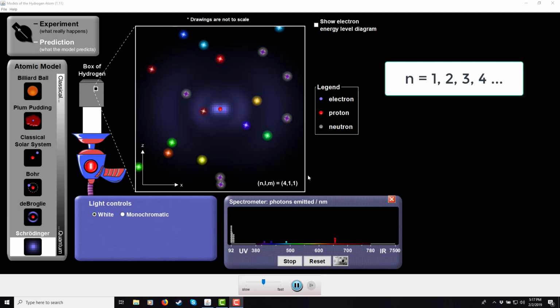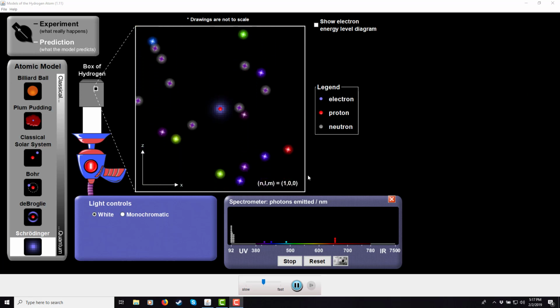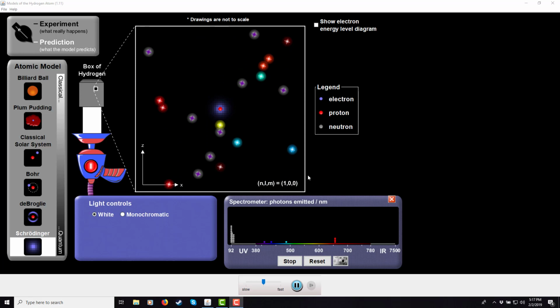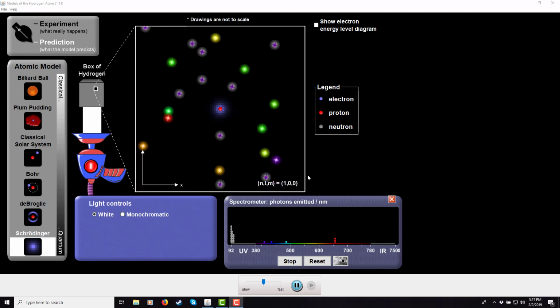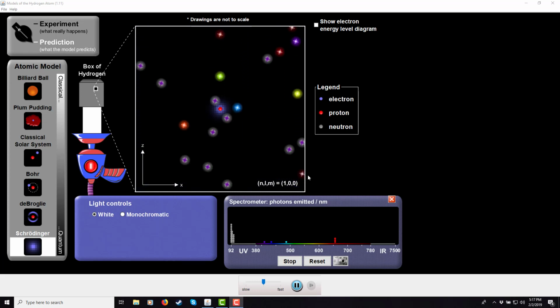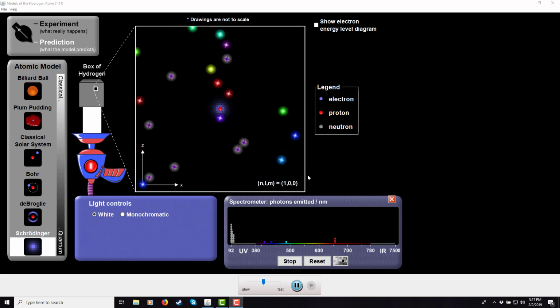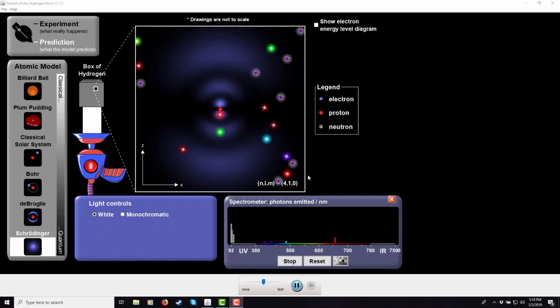Okay, now what Schrodinger comes up with is the idea of maybe shape. So then we get the other three quantum numbers. The next one's going to be L. L is describing what shape the electron is doing.